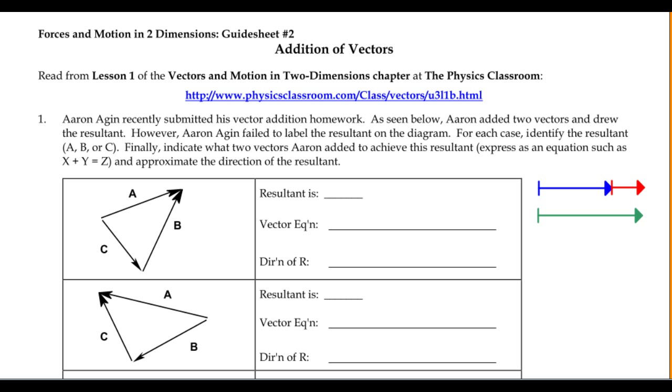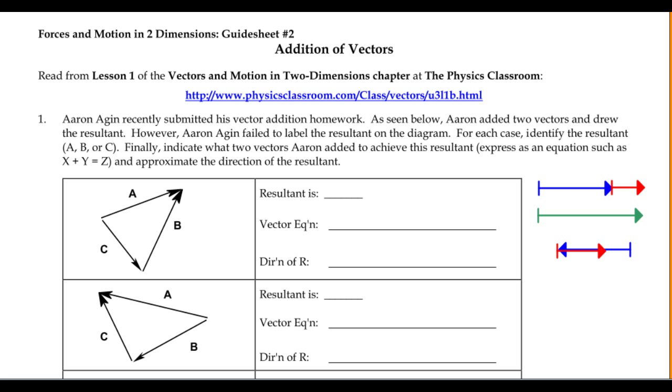In other cases, we had vectors that were working against each other. If they're working against each other, then when we add them together, it's going to look something like this. So if this vector is working against this vector, then the resultant, the amount that's left over, one of these would be considered positive, one would be considered negative.